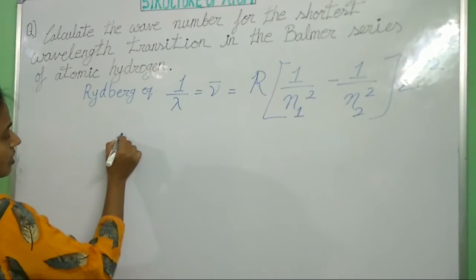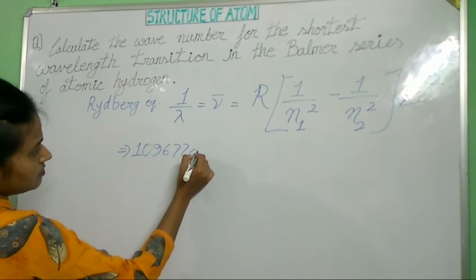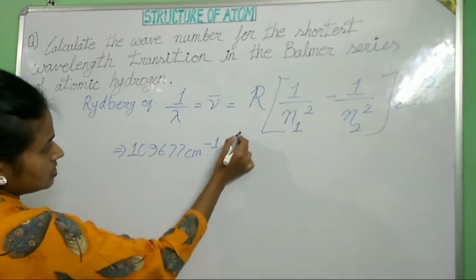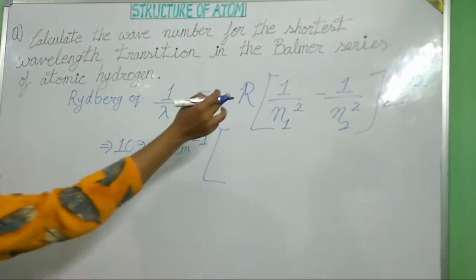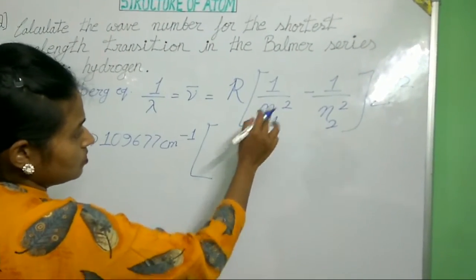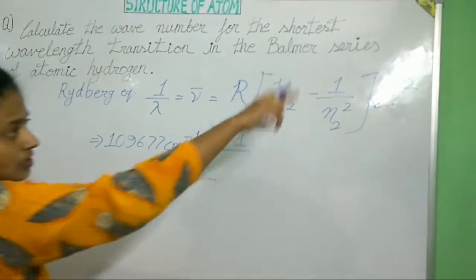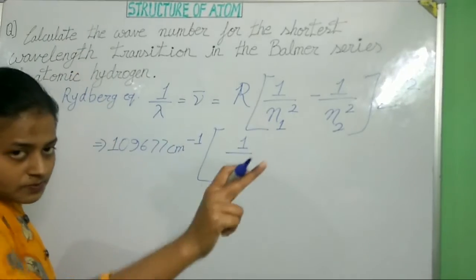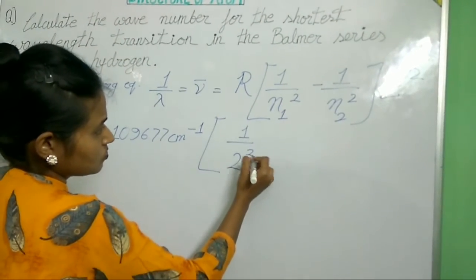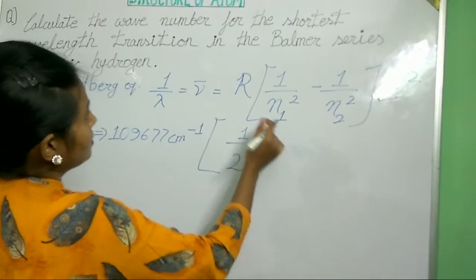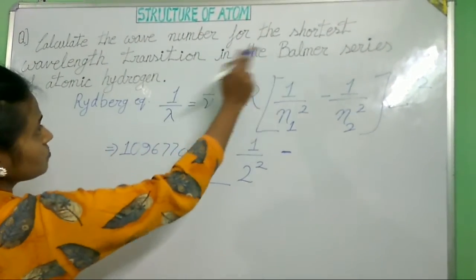For R the value is 109,677 centimeter minus 1, right. And here Balmer series is given, so n1 will correspond to 2, right. If Balmer series is given, the spectrum line comes in the visible region and n1 will be 2. So 2 square minus, and what is being asked, calculate the wave number for the shortest wavelength.